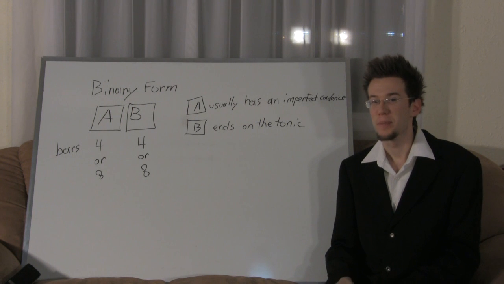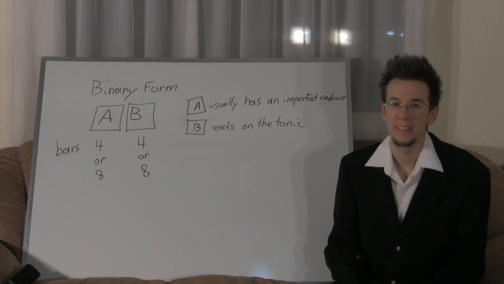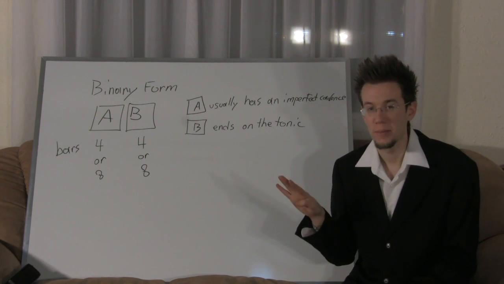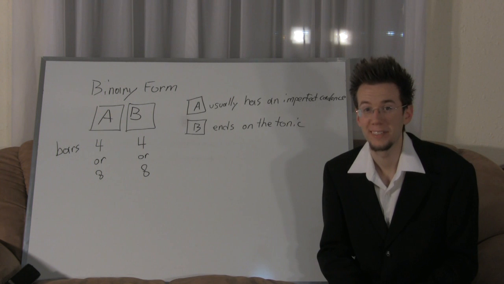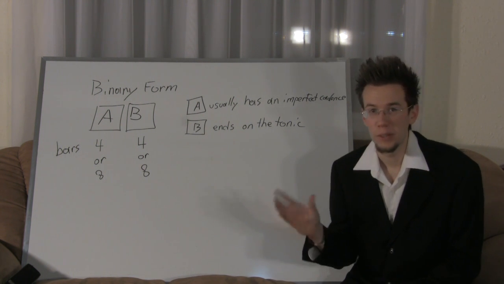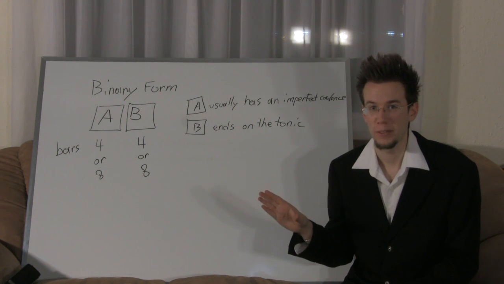Remember a few videos back when I was doing our imperfect to perfect cadence, where we had 4 bars of melody and then 4 other bars? Well, that was actually an introduction to this. Without telling you what it was, I was actually showing you binary form.